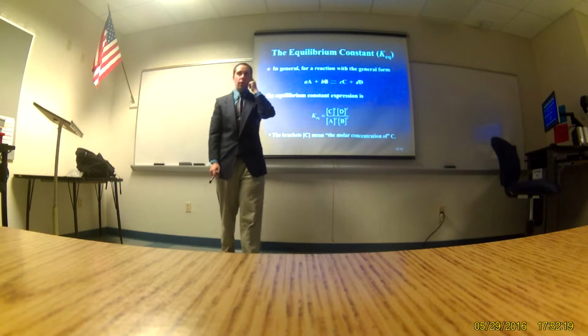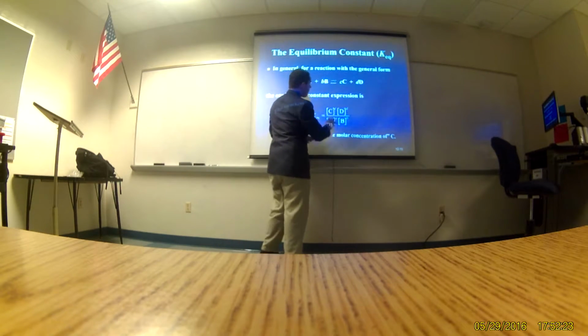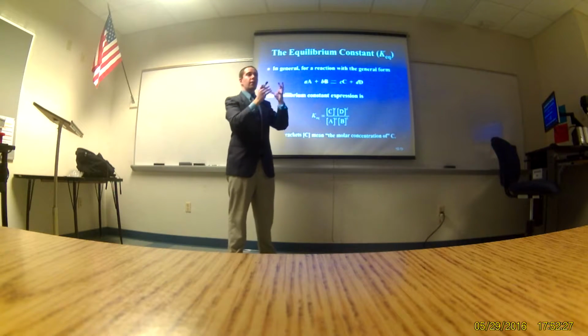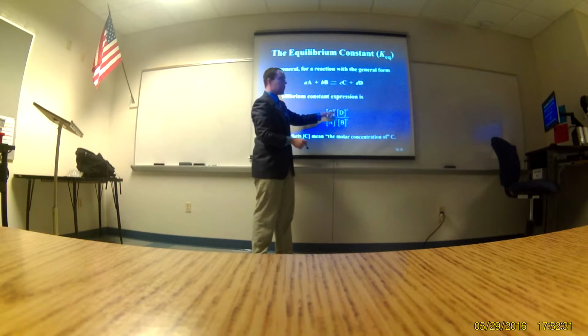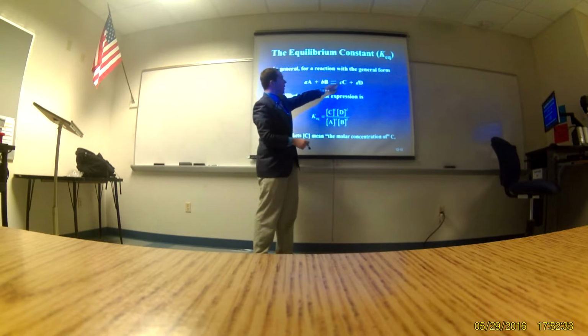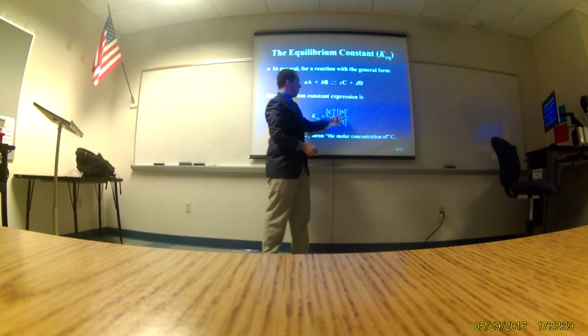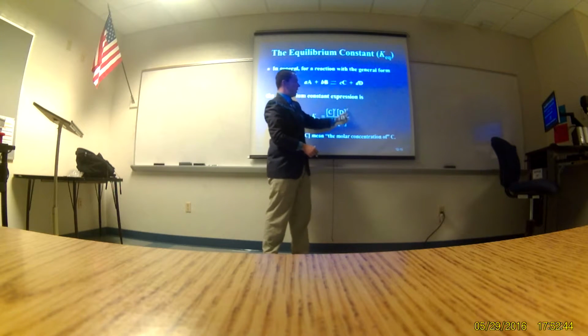Products over reactants. So what you're going to do is you're going to take the C, we'll do examples, but whatever compound C is, you're going to write it, you're going to put it in brackets, and then whatever that coefficient is, you write it as an exponent. You take D, you write it there, put it in brackets, whatever that coefficient is, you put it there.